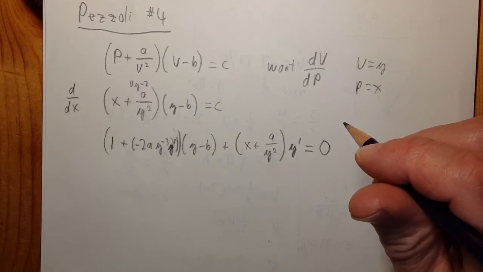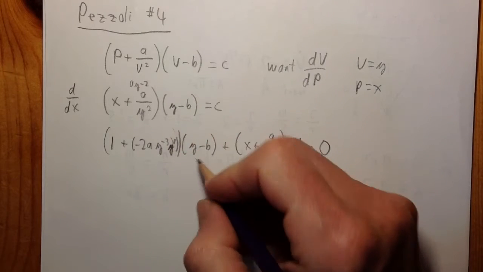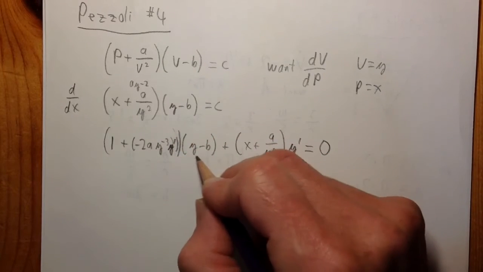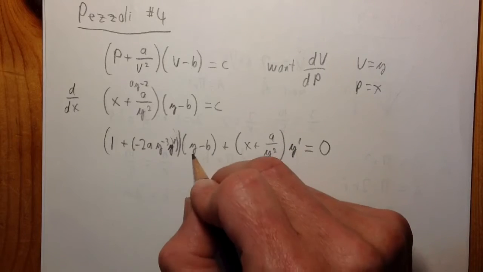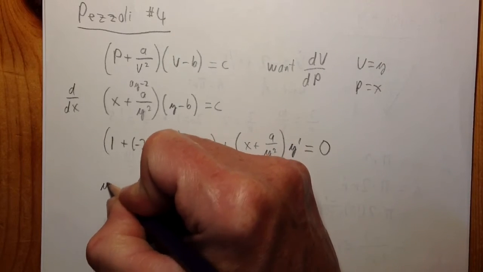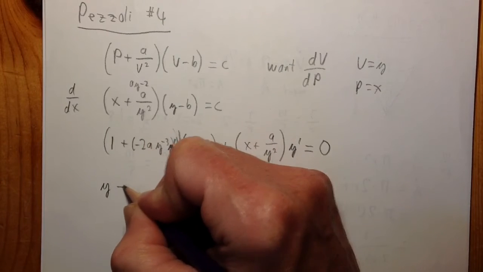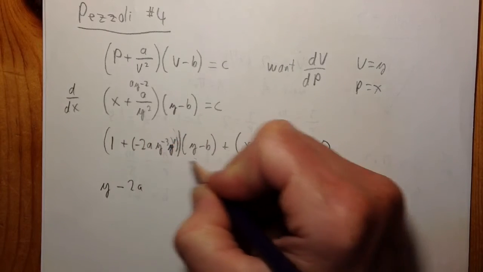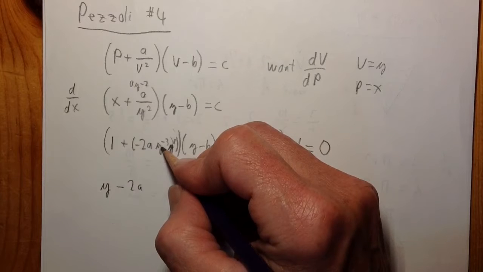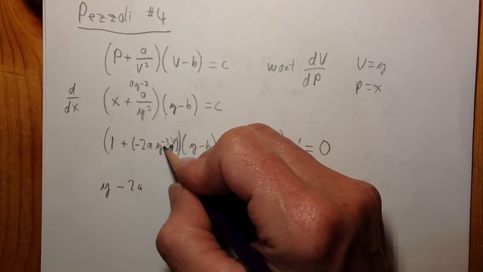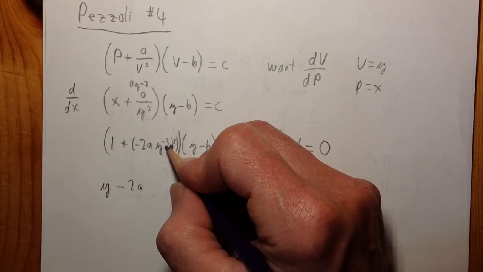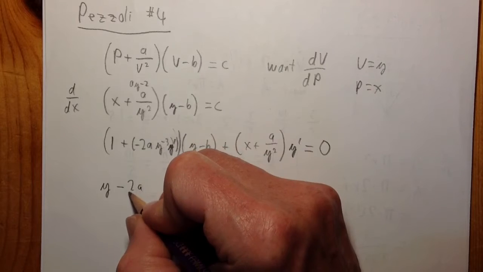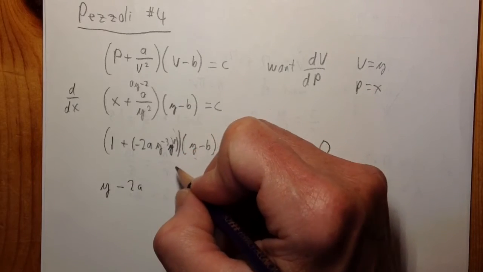So I have over here y times all that, minus b times all that. So let's multiply the y through. Y times 1 is y. This is minus 2a. Y times y to the minus 3 is y to the minus 2, because y to the minus 3 is over y cubed, so y times that is y to the minus 2, which is y squared in the bottom.